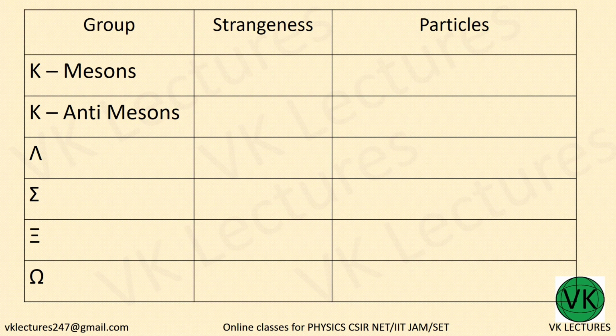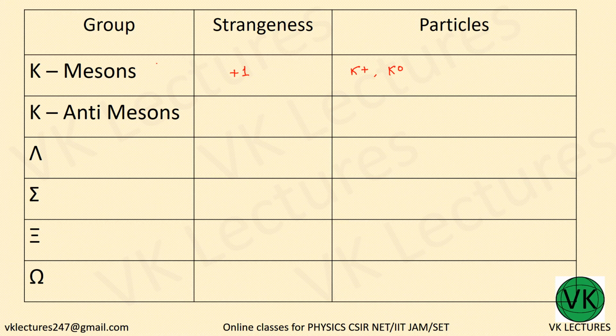Now here let us see the strangeness and the type of the particle in the group we have discussed now. For K mesons we have the strangeness equal to +1, and the particles that belong to the K mesons group are K plus and K naught.